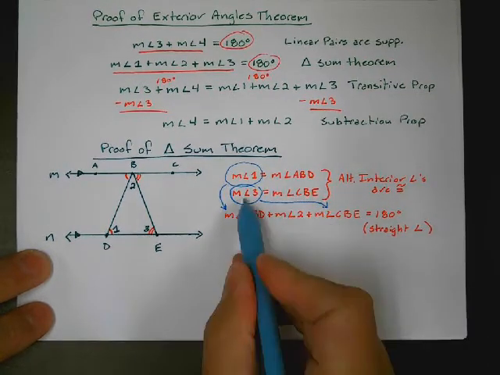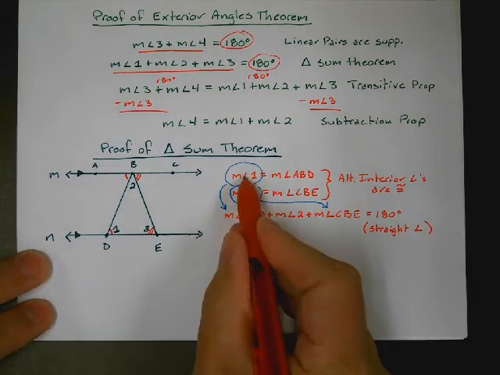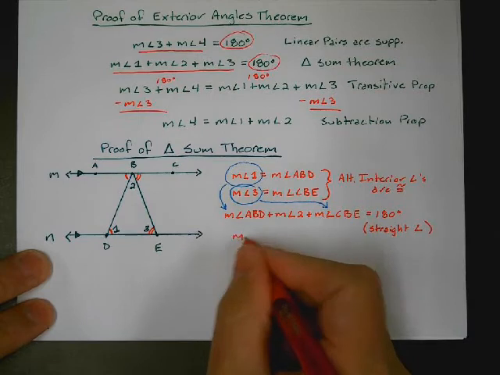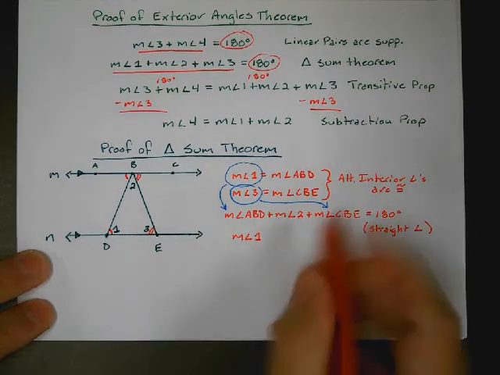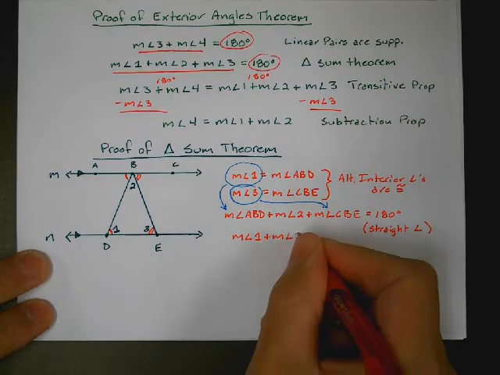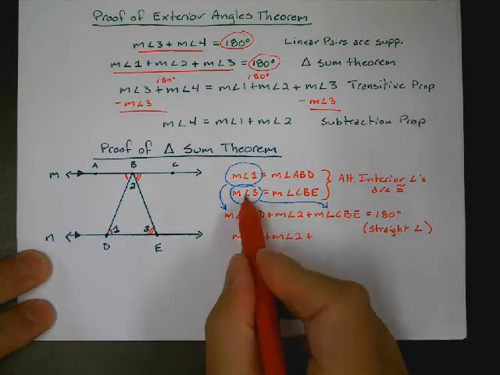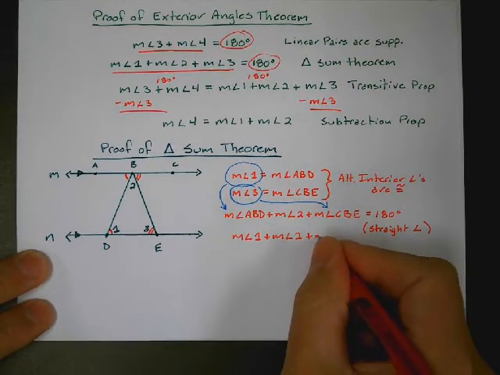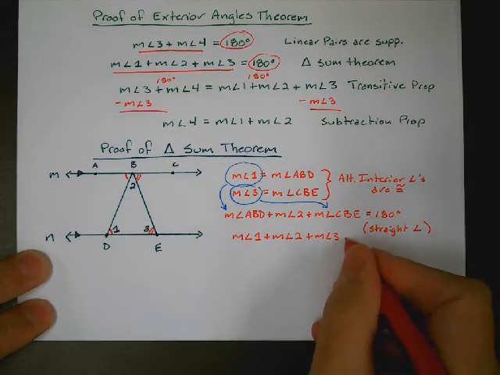CBE is equal to 3. So my next step is, instead of ABD, I'm going to write angle 1 because they're the same angle, plus angle 2, plus CBE, we just said, was angle 3, and then they're equal to 180.